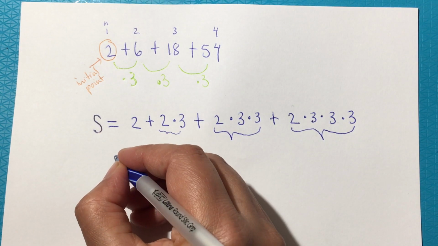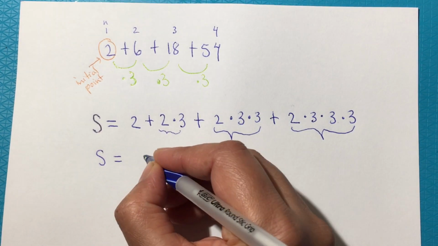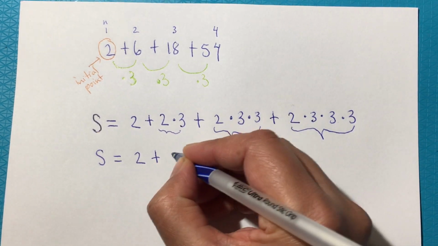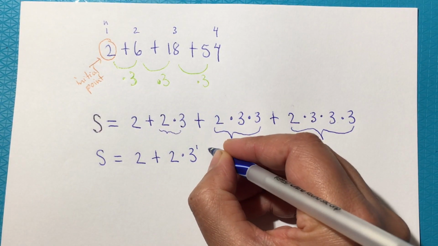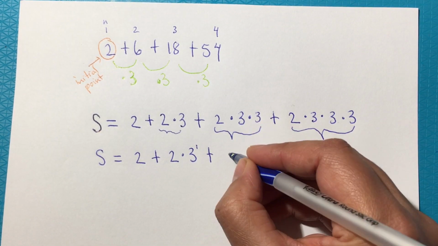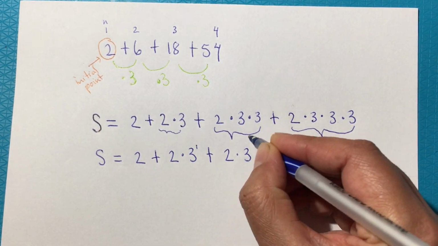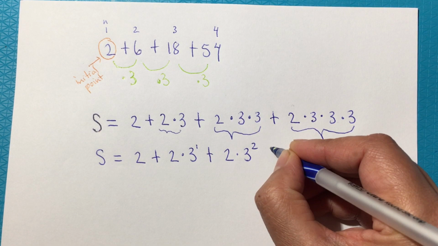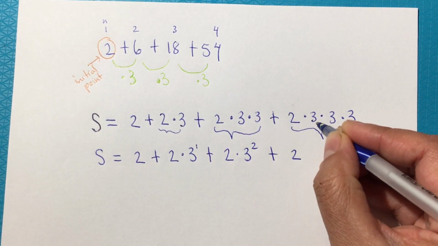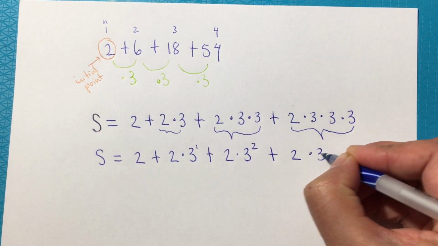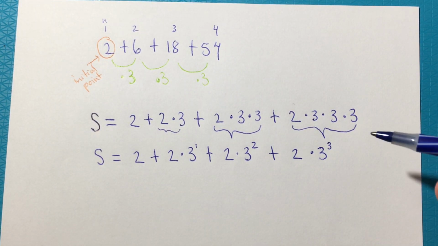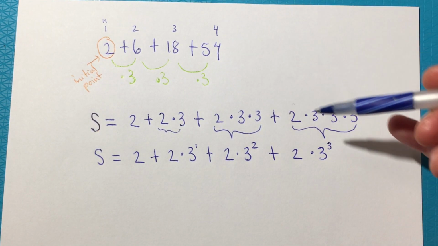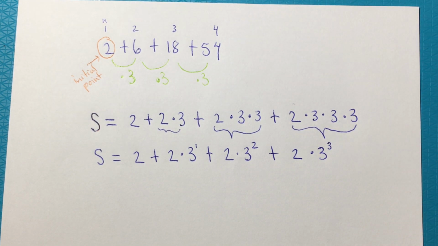So we can now represent it as 2 plus 2 times 3 to the first power plus, now for this one is 2 times 3 to the second power plus 2 times 3 to the third power. And I'm already seeing that, oh, maybe there is a relationship, okay?